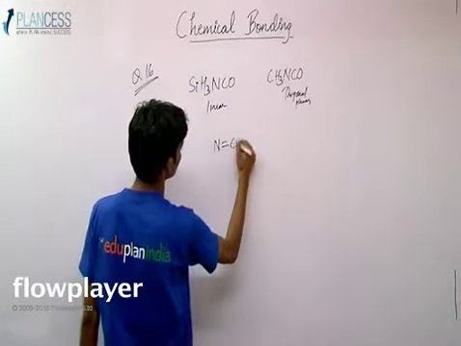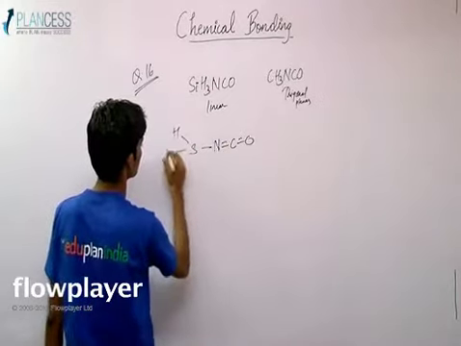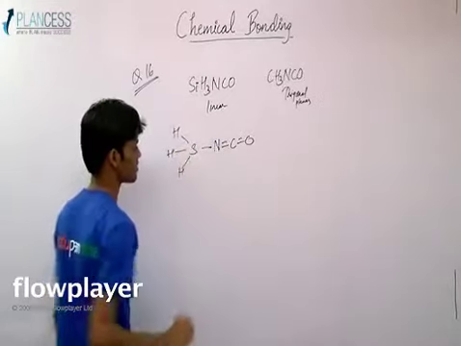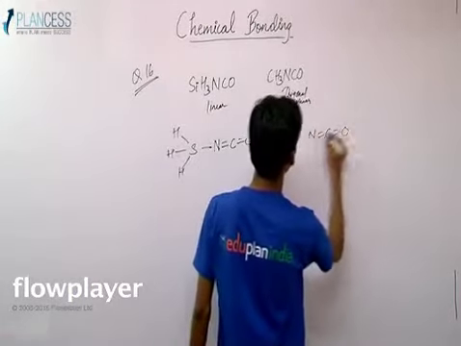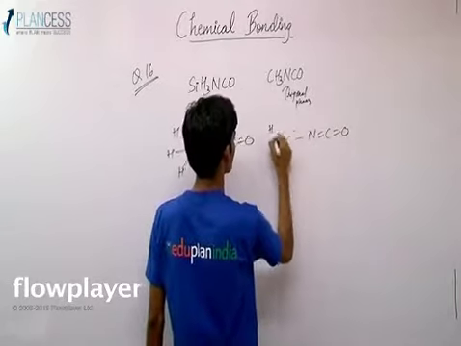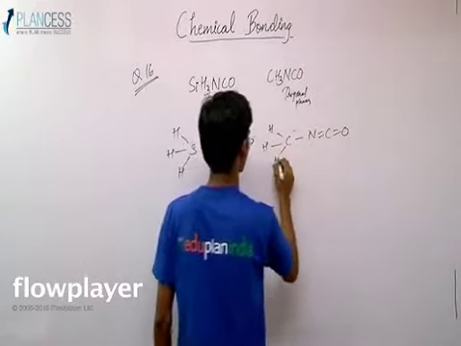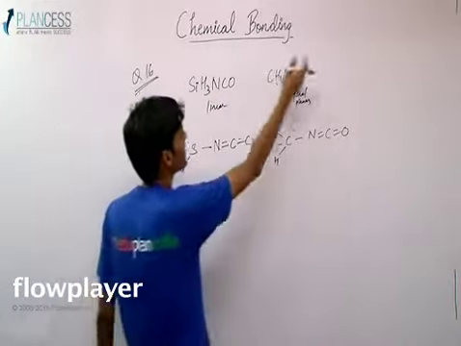So it is NCO, with SiH3. This is something like this, and this is N double bond C double bond O, and then carbon again, and this is H. So this is also known as the silyl isocyanate, and this is also known as the methyl isocyanate.